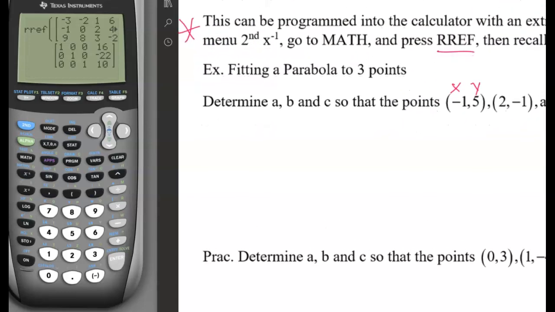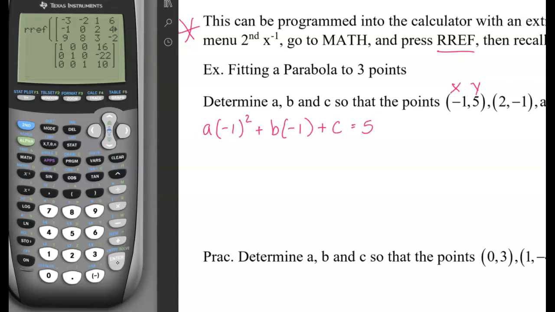So I have A times X squared, but first I'm going to input -1 as my X value, plus B times again X, so I'm going to input -1, plus C is equal to Y, which on this first point is 5. That's the first equation I'm going to create.